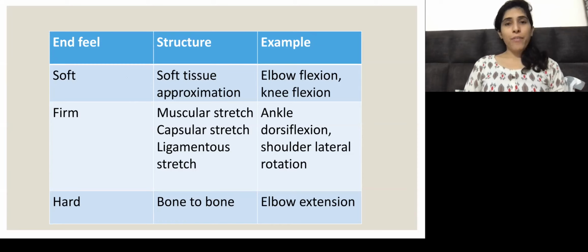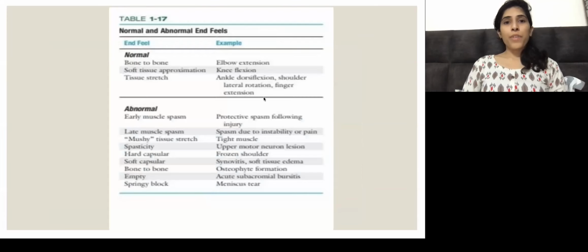After doing elbow extension till the end range, we can feel that further movement is restricted just by the bone, the articulating surfaces coming in contact with each other and making the joint locked.